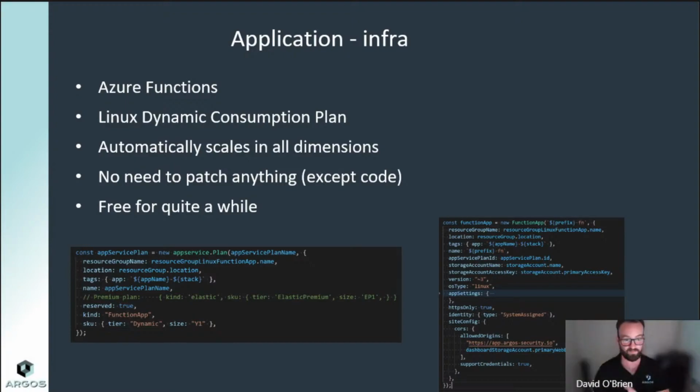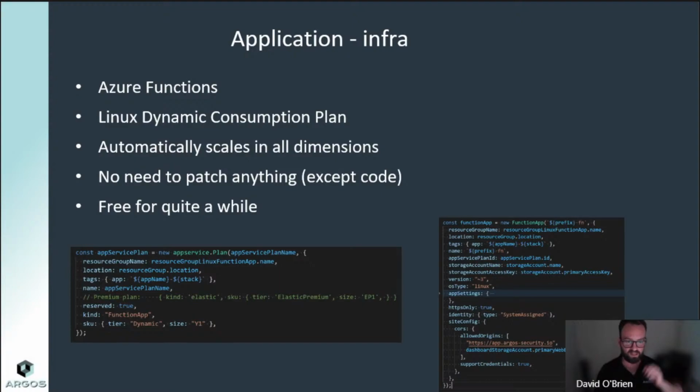That's going to become important later on. What's also great about the consumption plan is that the first 1 million executions are free. For us, that was really good to know because we execute quite a number of functions every month.